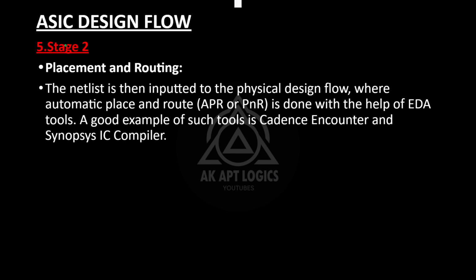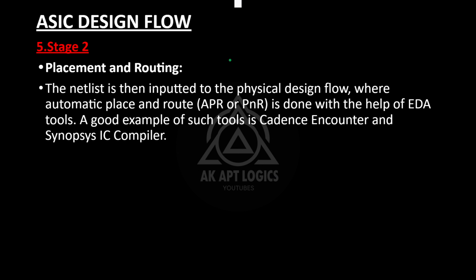Next, placement and routing. Placement and routing comes after we get the schematic and have designed the code at gate level. After everything is fine using the behavioral model, we convert that code into the data flow or gate level modeling.